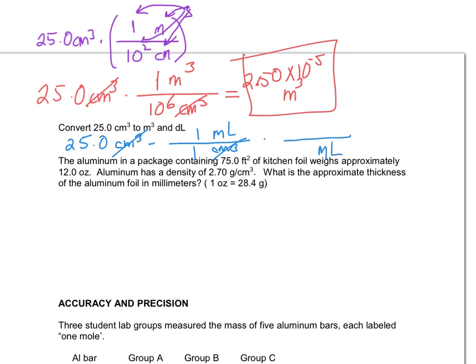So I'll put milliliters on the bottom, deciliters on top. A deci is 10 to the negative 1, and milli is 10 to the negative third. So the difference between them is 10 to the second. So the bigger unit gets a 1, and then the milliliters get 10 to the second. So 0.250 deciliters.